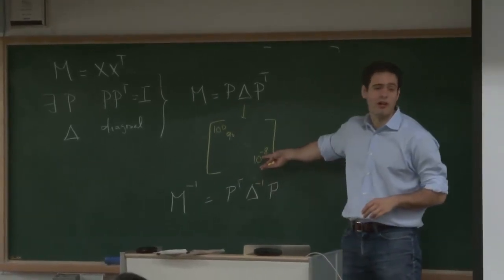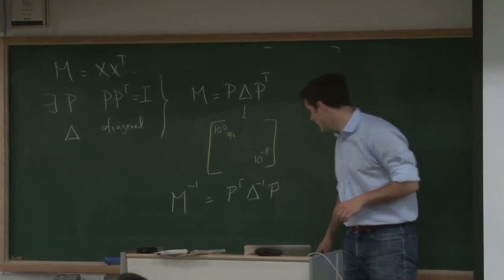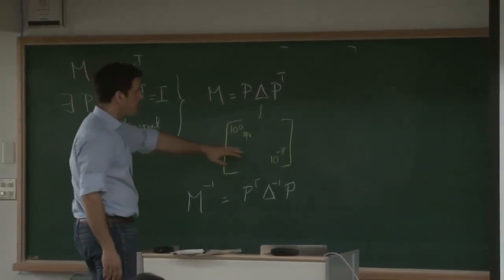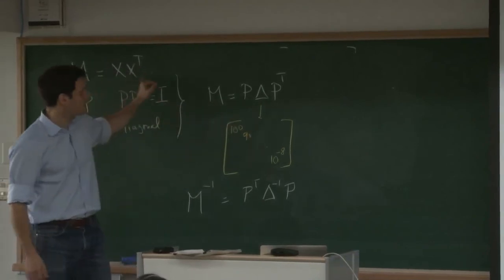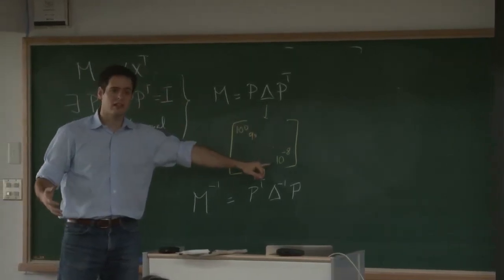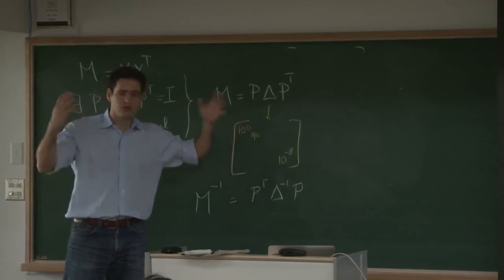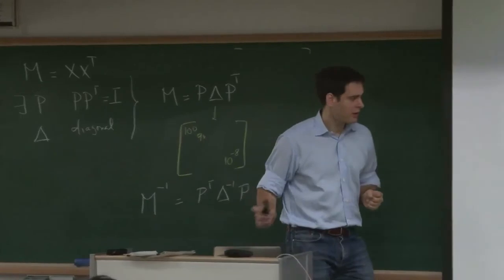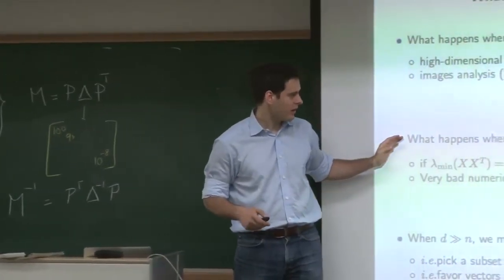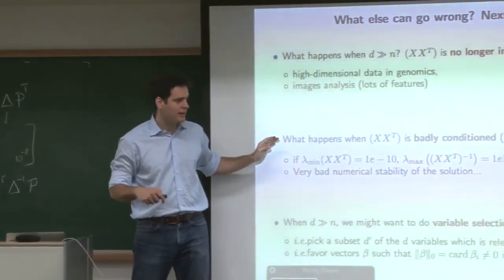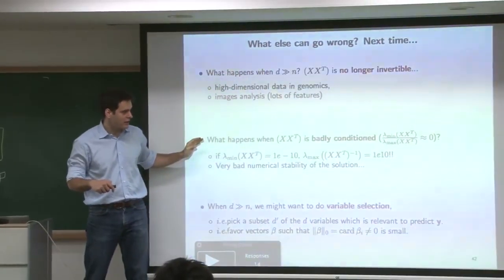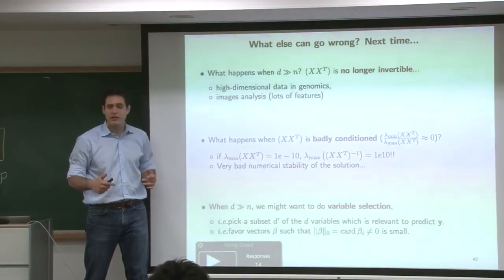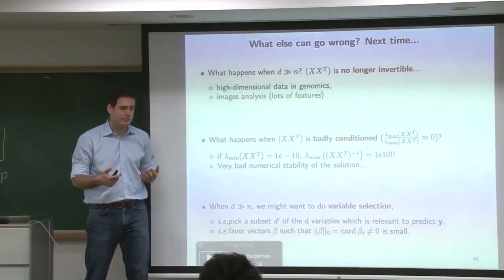It's just 10 to the power 8 here. So basically, a very small eigenvalue in your matrix XX transpose translates, when you invert it, to huge perturbation of your solution. So when XX transpose is badly conditioned, that is, the smallest eigenvalue divided by the largest eigenvalue is almost 0, we can have a lot of instability in the solution.